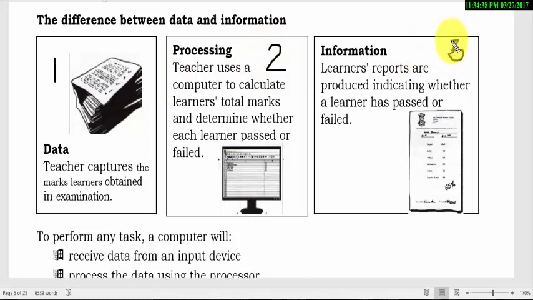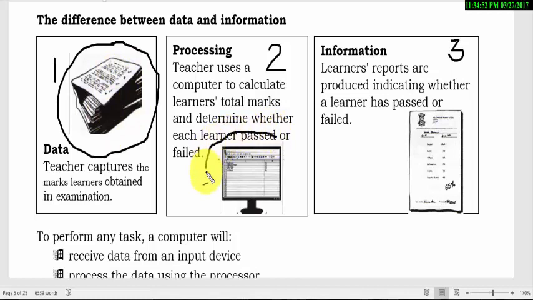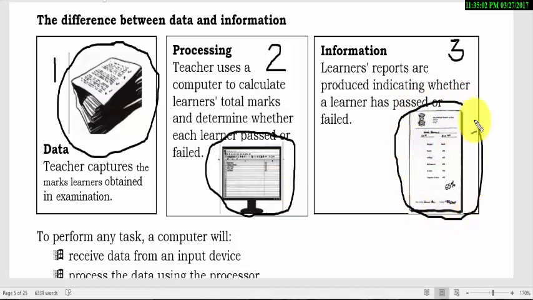The first picture shows a pile of papers. The other picture shows a monitor, or in short, a computer. Then we see a paper which also has a logo.